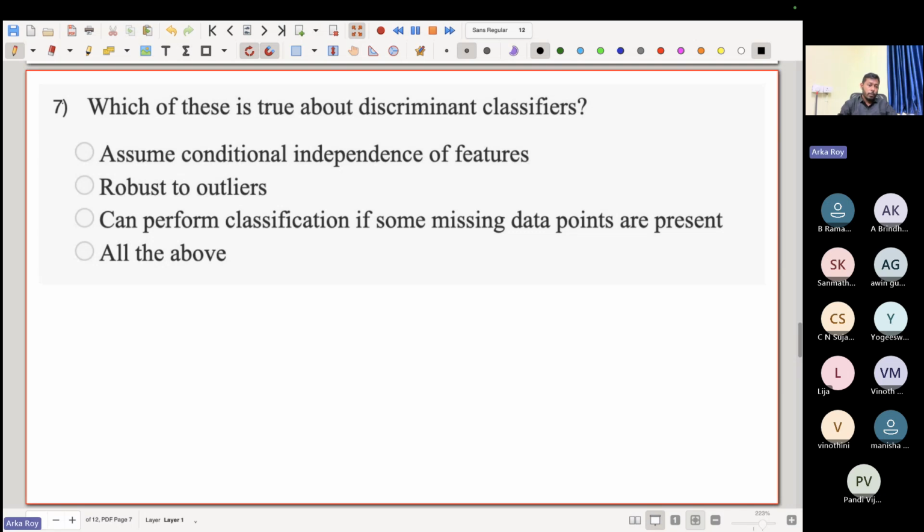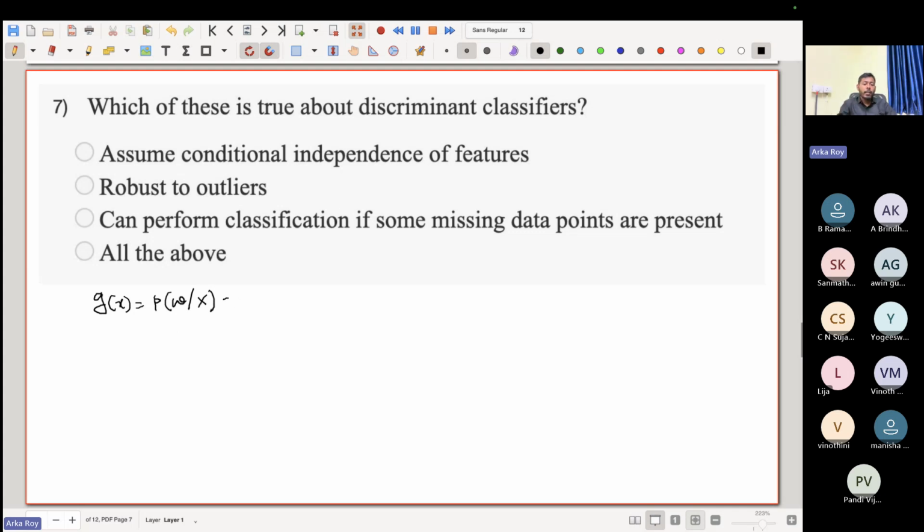The next question states which of these is true about discriminant classifiers. We have already seen several discriminant classifiers after the Naive Bayes classifier, or the Bayesian classifier in general. When we started discriminant functions, we wrote g of x to be P of omega given x, which is the a posteriori probability from the Bayesian decision rule.